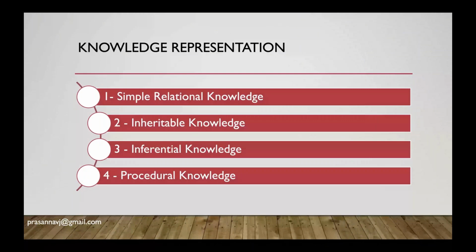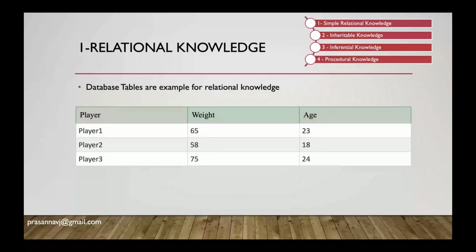In the case of simple relational knowledge, we all have been using this. A typical database table is a simple relational knowledge representation. You see player information being represented here.